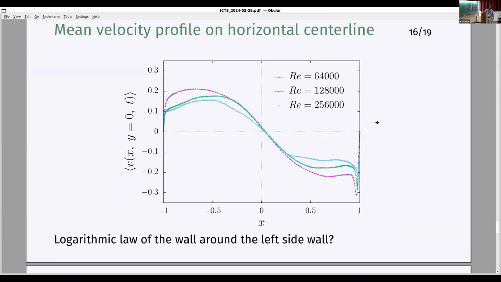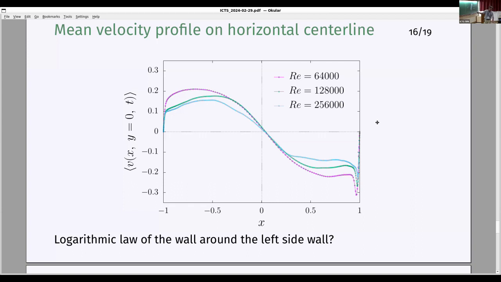But for this left velocity profile, again, this shape and this behavior as a function of Reynolds number is very similar to the wall-bounded high Reynolds number turbulent flow.